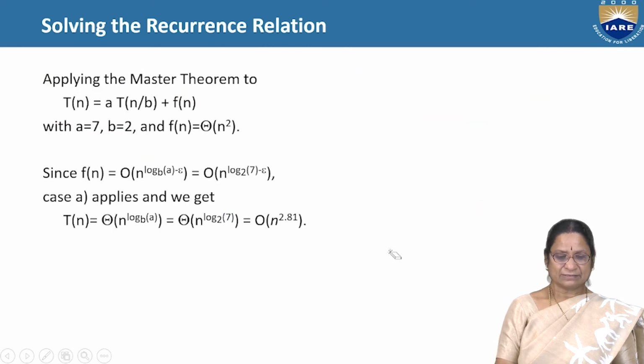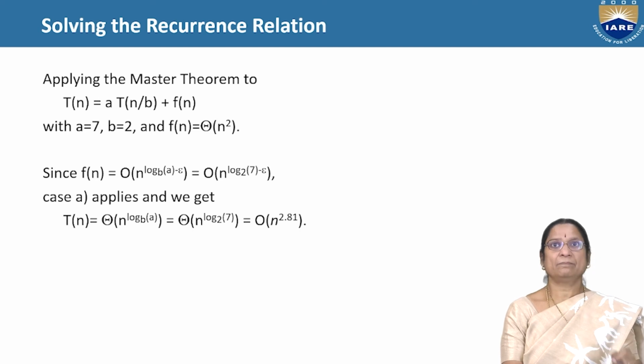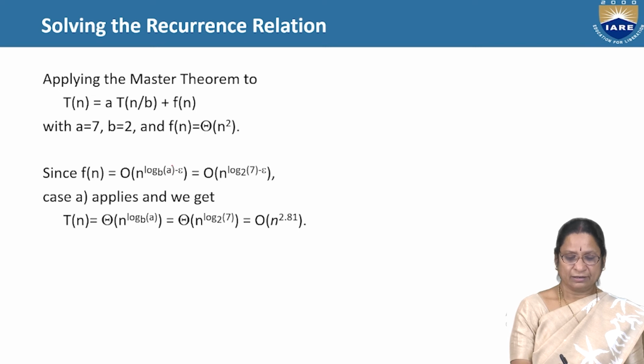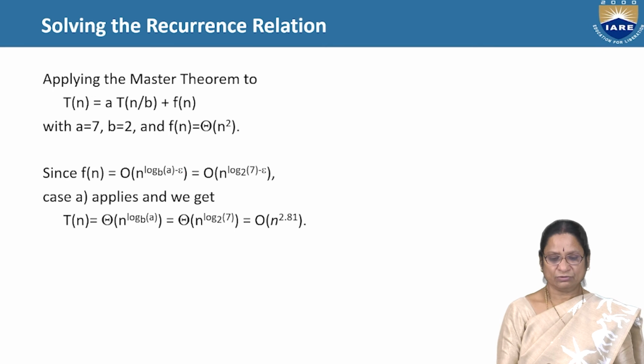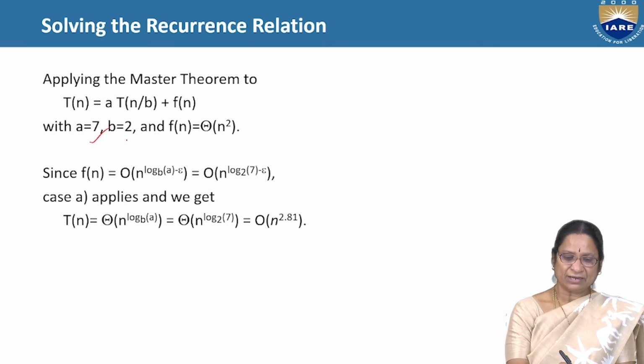So by using Master's theorem also, for a is equal to 7, b is equal to 2, and f of n is equal to theta of n square, we will get function f of n is equal to order of n log b a minus epsilon. So which is equal to n log, what is our a value? A value is 7, b value is 2.